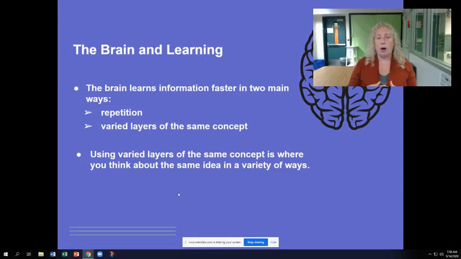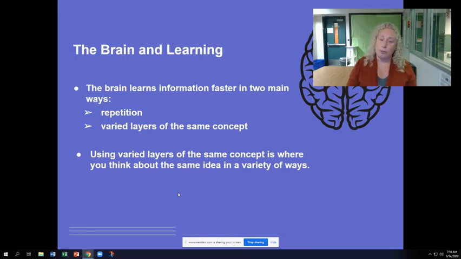So when you are applying information for the same idea but in different ways, so you're color coding or you're making associations with visual pictures to go along with the same concept, anything like that, where you are looking at the same concept in different ways, you are actually learning it better and you will retain it for longer.